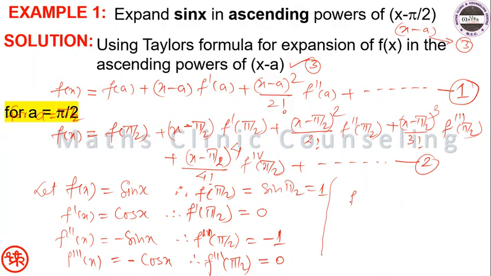Then f4 of x, taking the derivative of the third derivative again, gives plus sin x, and therefore f4 of pi by 2 is equal to sin pi by 2, that is 1. So you will find that the values are oscillating between 1, 0, minus 1, 0, 1, 0, 1, and so on.